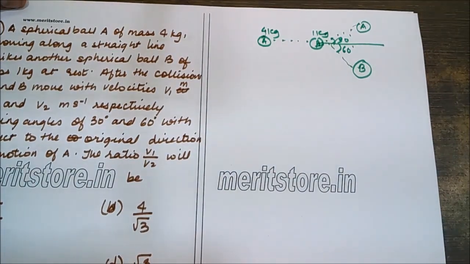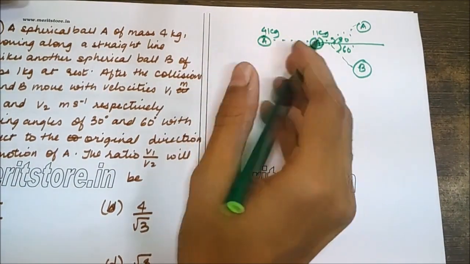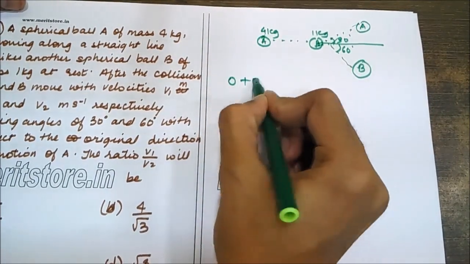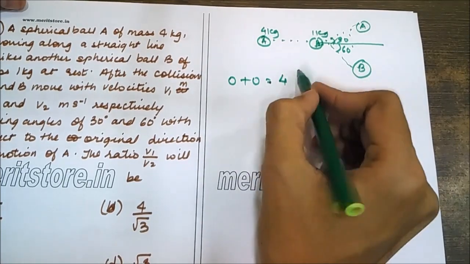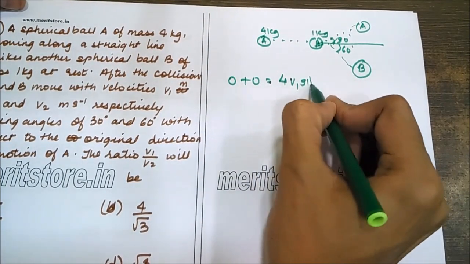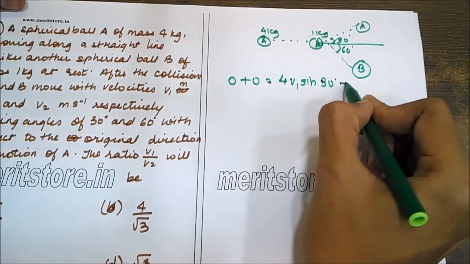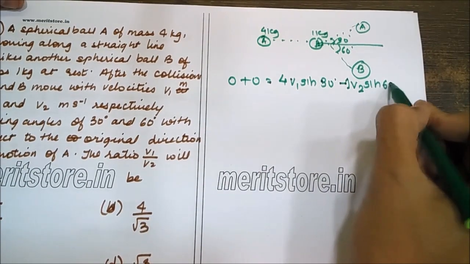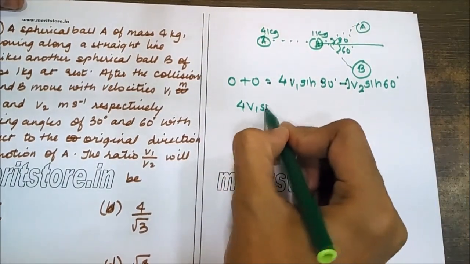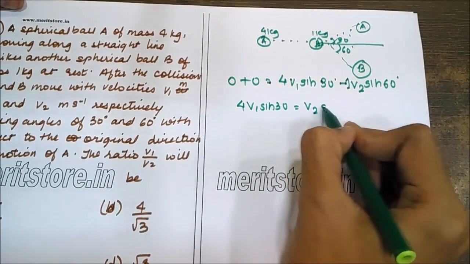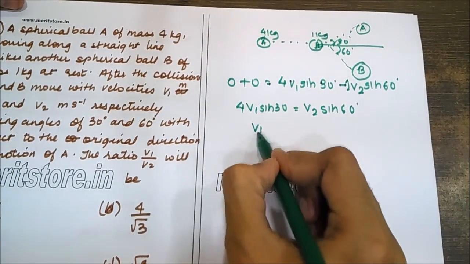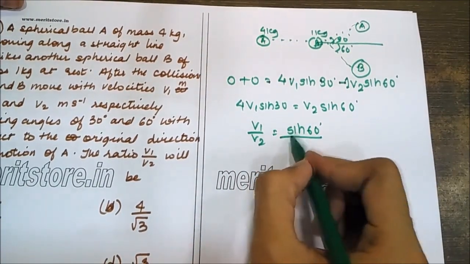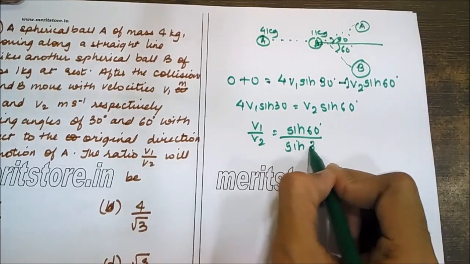Applying the law of conservation of linear momentum, the momentum before and after, for the perpendicular direction, we have the momentum before as 0, which equals the momentum after: 4 v1 sine 30 minus 1 v2 sine 60. So solving this equation, 4 v1 sine 30 equals v2 sine 60. So v1 upon v2 equals sine 60 upon 4 sine 30.